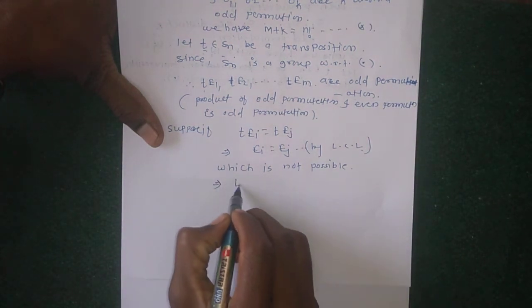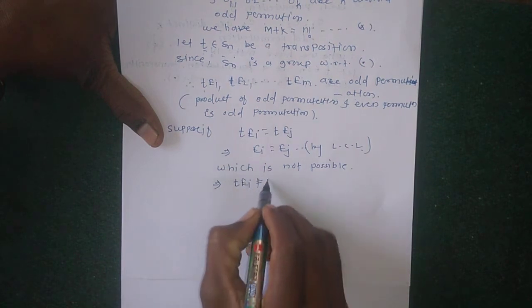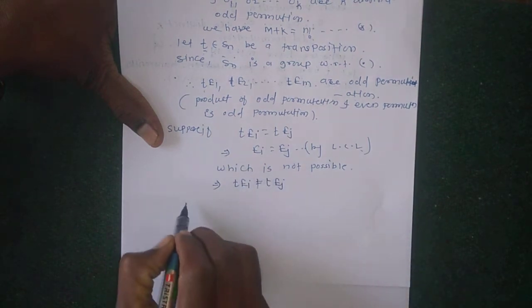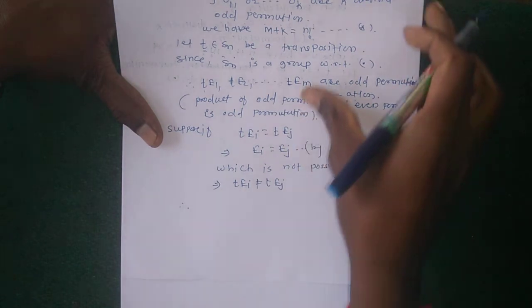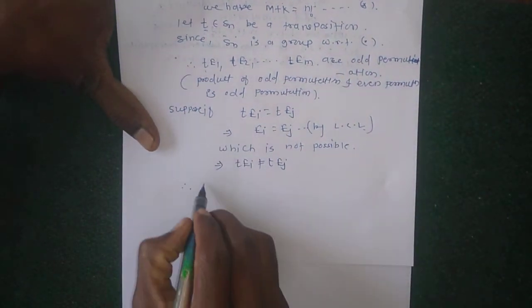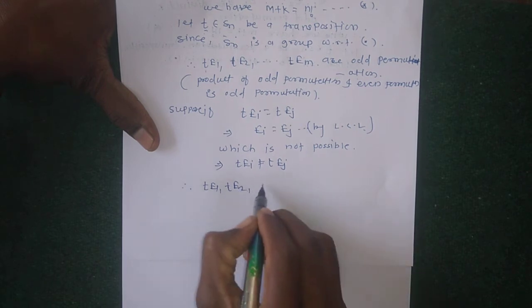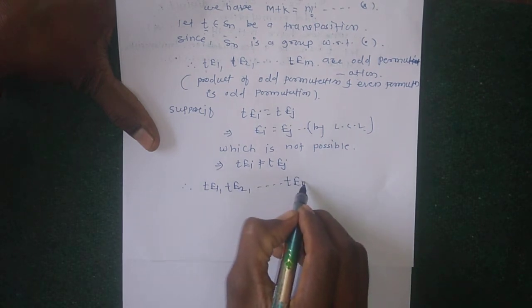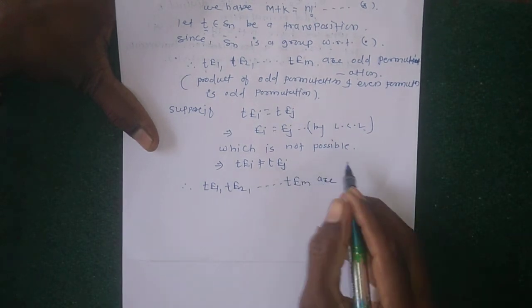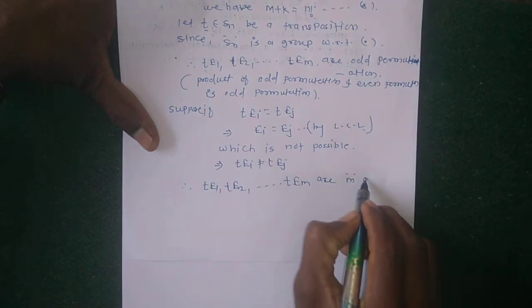Which implies that t ei is not equal to t ej, and that is, t e1, t e2, up to t em are m distinct odd permutations.